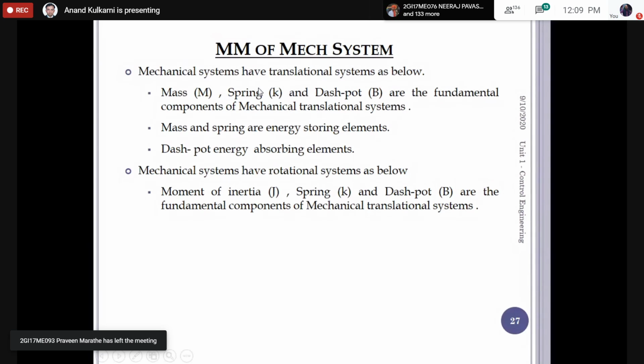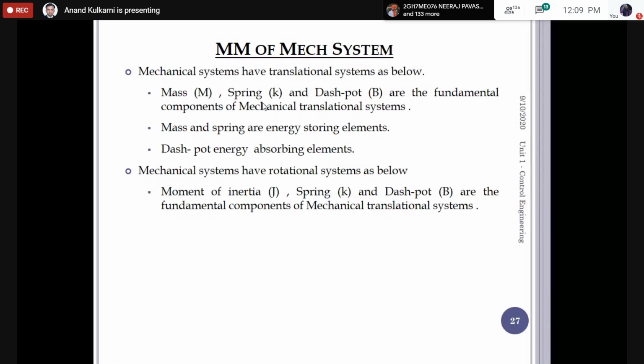Similarly, spring stiffness K. Spring stiffness is the change in load per unit displacement, which is the load required for a given deflection. That has to be constant. None of the springs in actual nature may have constant stiffness.